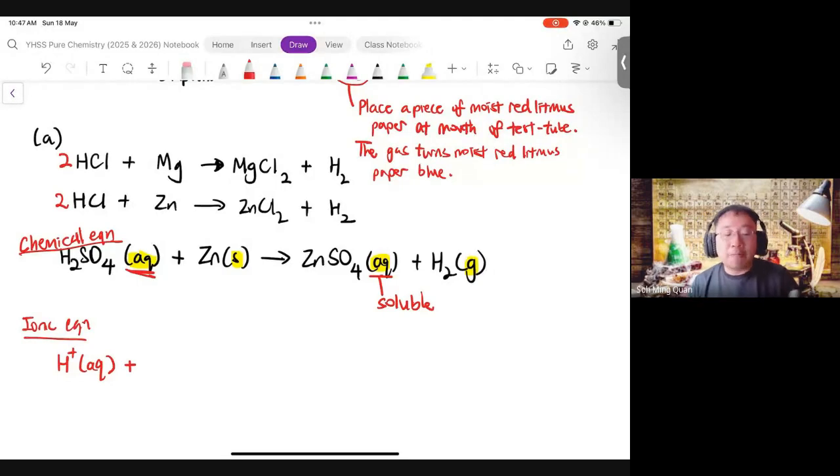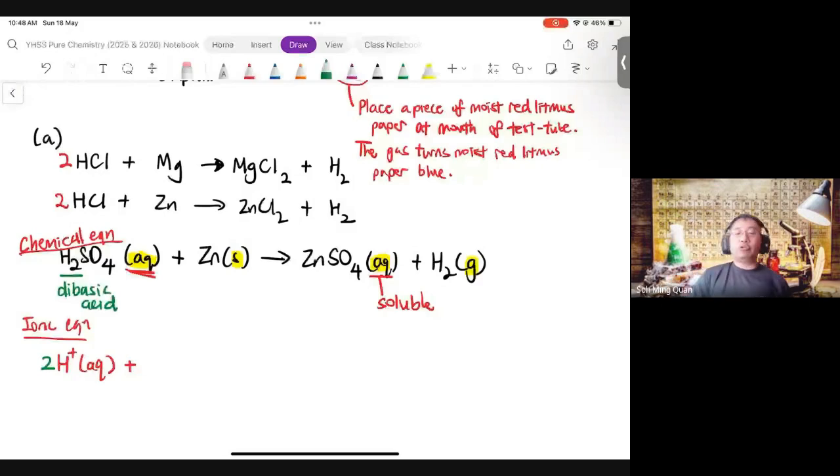The question is how many, right? Quite clearly, there are two hydrogens which can be dissociated. Therefore, 2H plus, twice the amount of H plus is produced. This is why sulfuric acid is called a dibasic acid, because it produces 2H plus per H2SO4 dissociated.